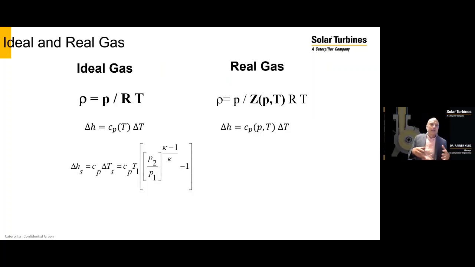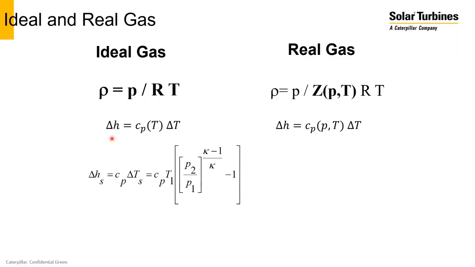Now, these general principles can be very easily summarized for ideal gases. I have a very simple relationship between density, pressure, and temperature. I have also a very simple relationship between work or enthalpy difference, temperature rise, and a constant that depends on the gas. The problem is that the gases that we're compressing are typically not behaving as ideal gases, they behave as real gases.